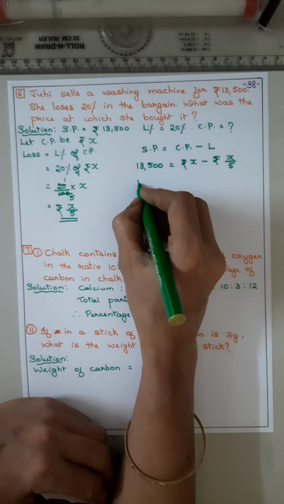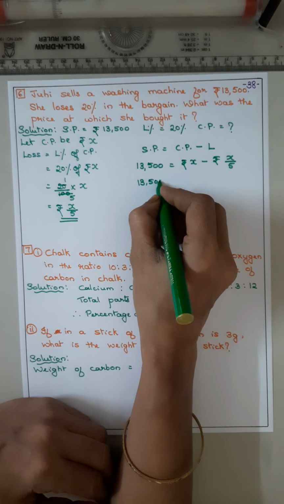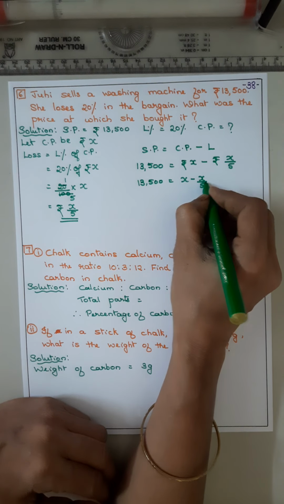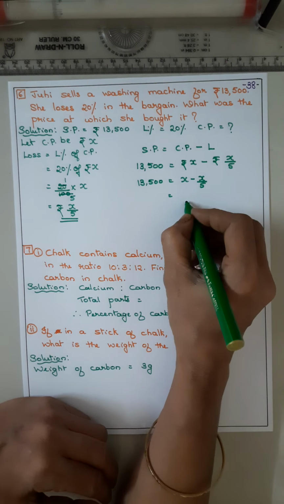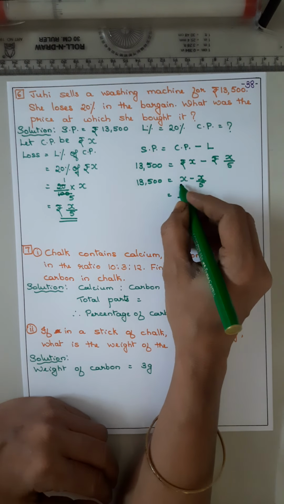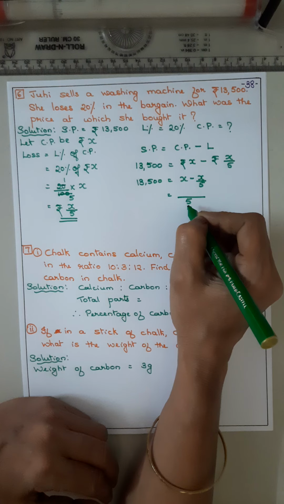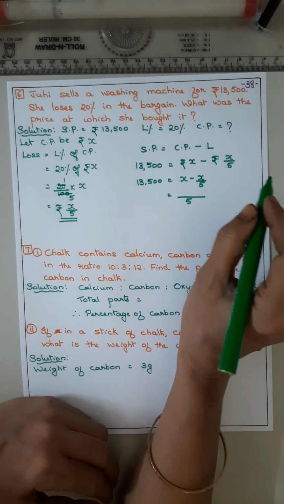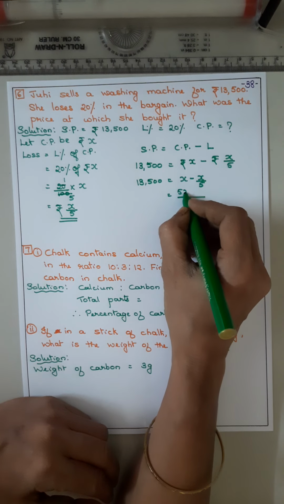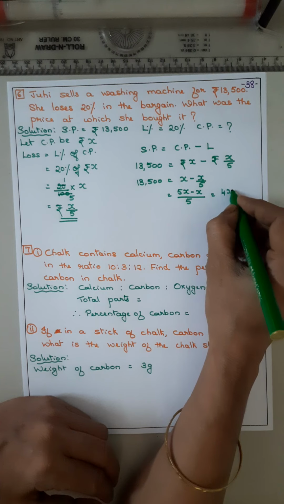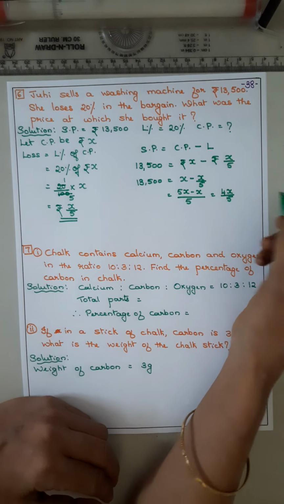So that means 13,500 is equal to x minus x by 5. That means if you take 5 as the LCM, है ना, 1 और 5 में LCM 5 आएगा. अभी इधर डिनोमिनेटर 1 है तो डायरेक्टली हमें LCM into the numerator. You get 5x minus x, that is 4x by 5.